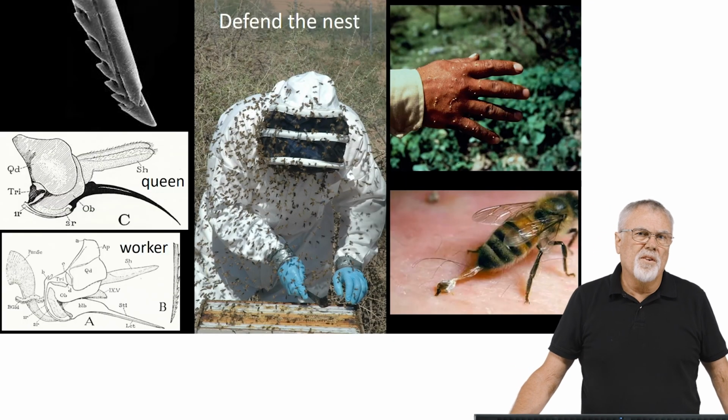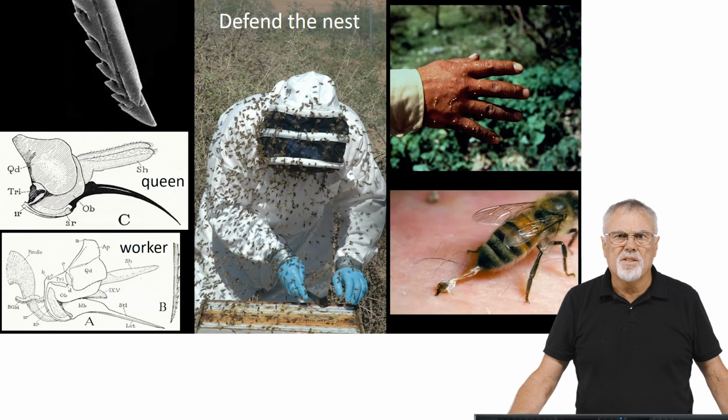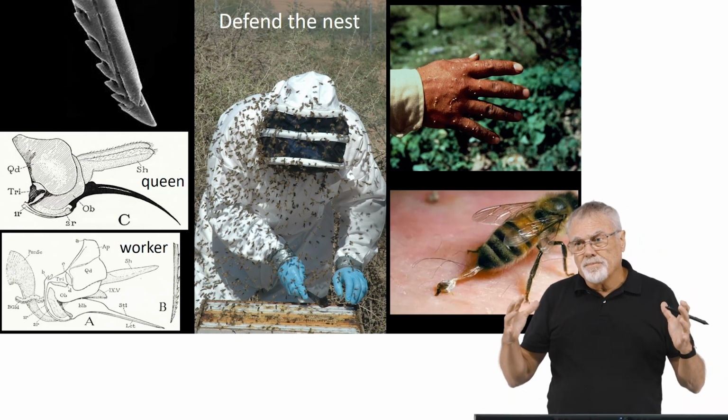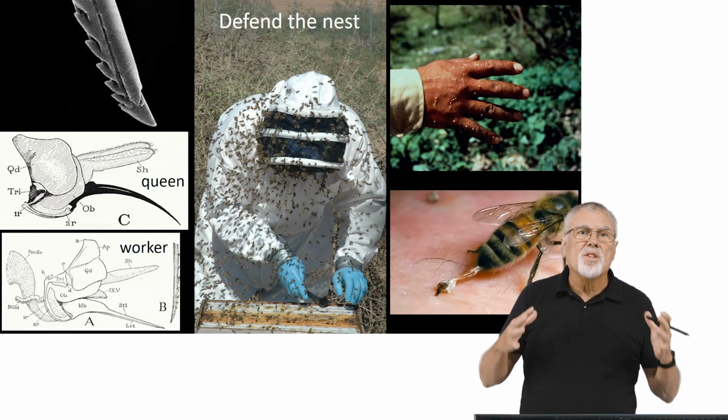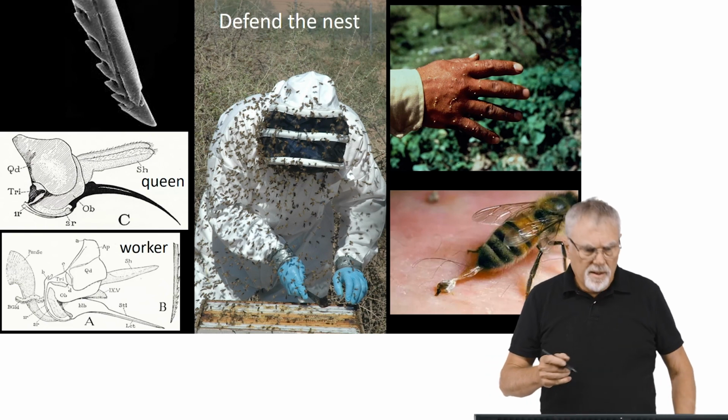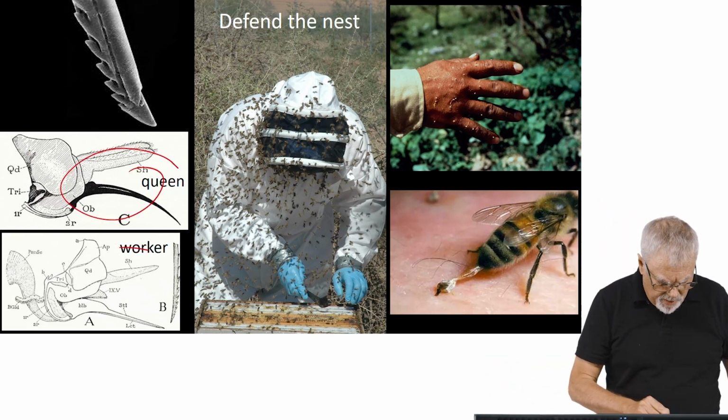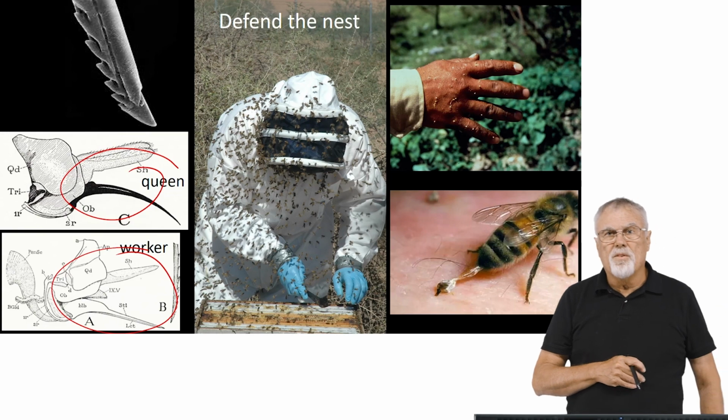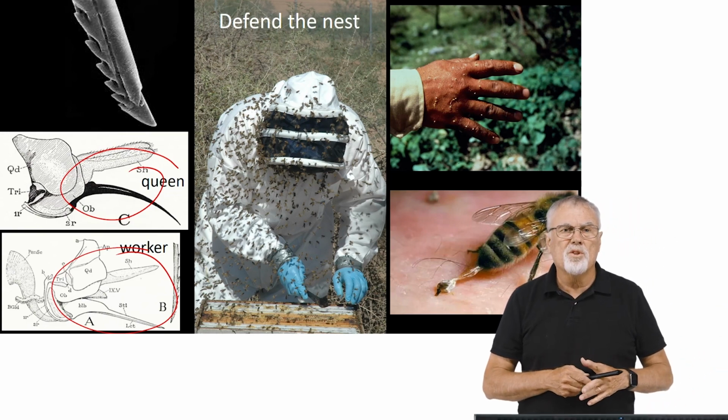They also defend the nest vigorously against other kinds of invaders like beekeepers or bears. They have a very evolved system for defense of the nest. The queen and the worker differ very much with respect to the structure of their sting.